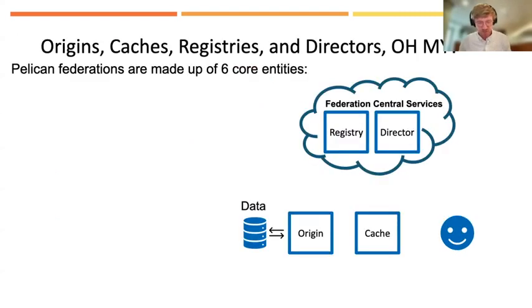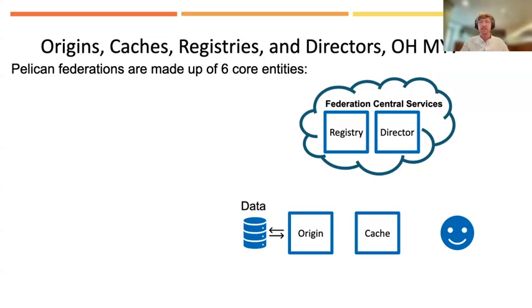So that brings us to some of the core entities that are in a federation. Andrew already mentioned origins and caches, and there are a few other terms that if you're working with Pelican, you're likely to hear. So I wanted to give a quick run through of what each of these components are, roughly what they do in the federation, and which ones you might interact with as a data federator or a data consumer.